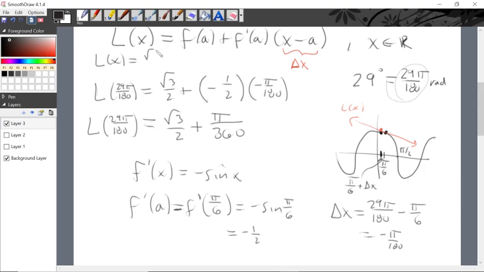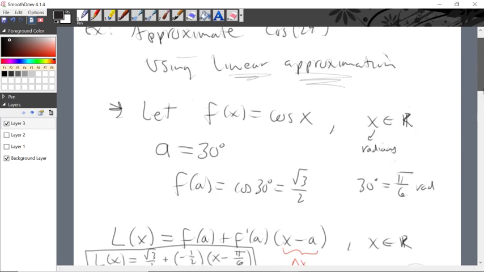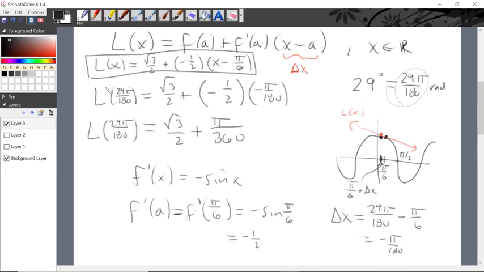L of x is equal to root 3 over 2 plus negative 1/2 times x minus pi over 6. That would be the tangent line that we're using, L of x, and then we find the linear approximation by plugging in the value, in this case 29 degrees, 29 pi over 180. So we get this linear approximation right here.